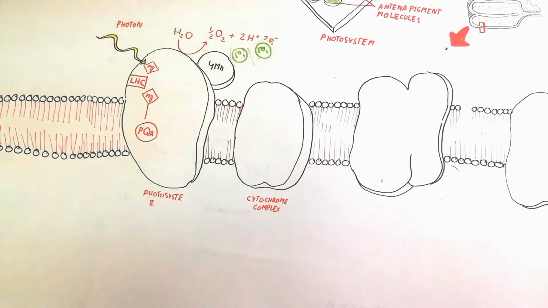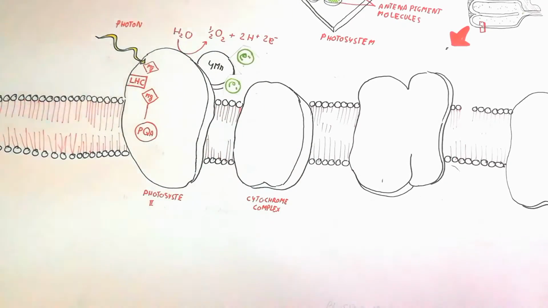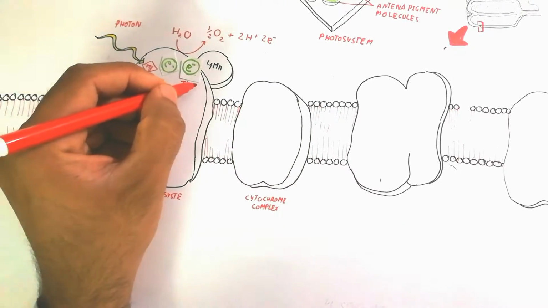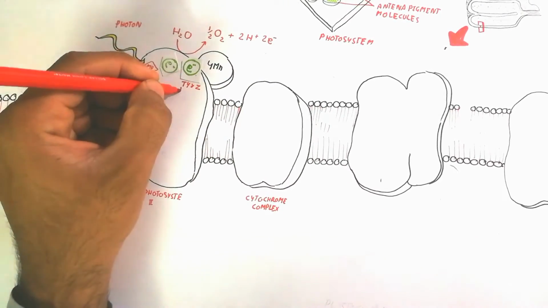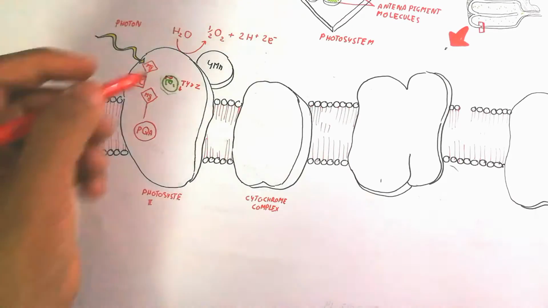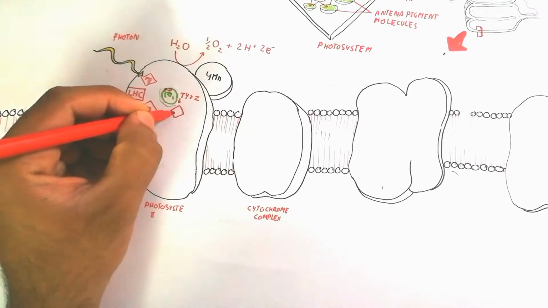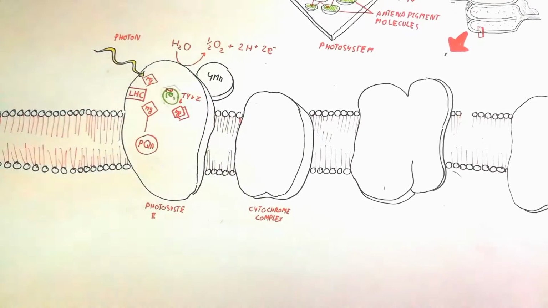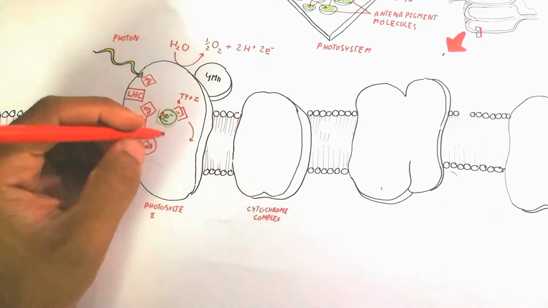Okay, so the 2 electrons go inside photosystem 2. Inside photosystem 2, the electron is accepted, and another protein molecule, TyrZ, accepts the electron and gives it further to a special pair of magnesium.